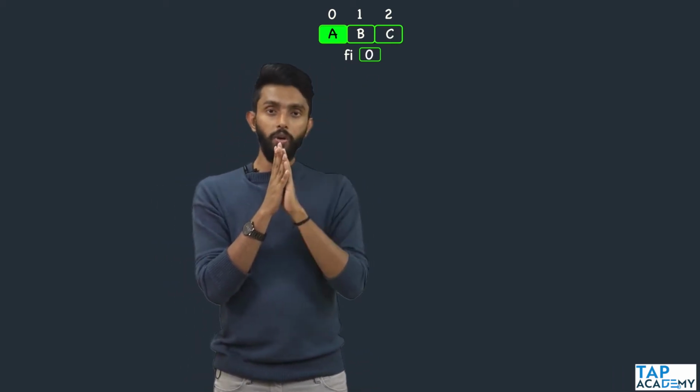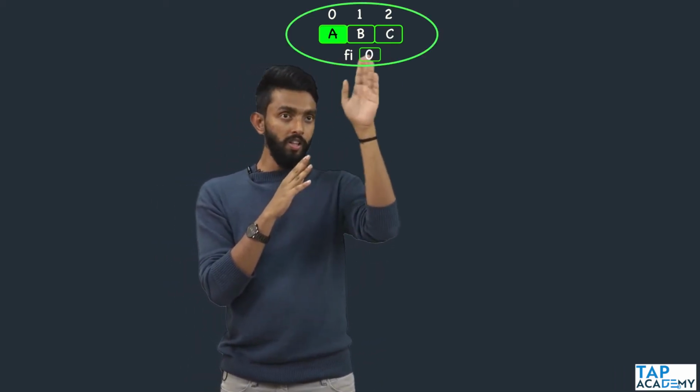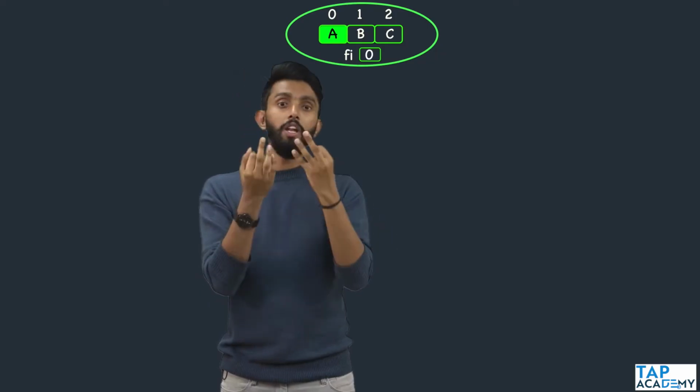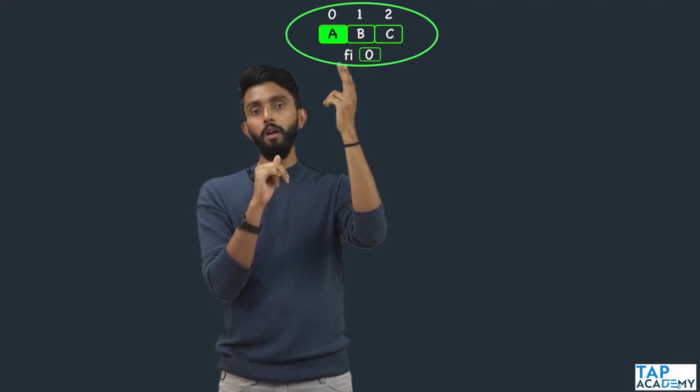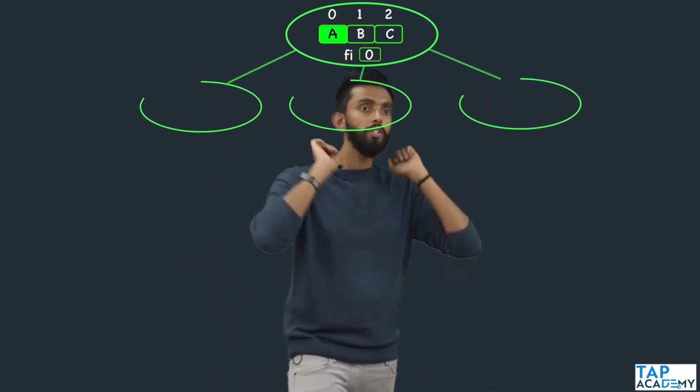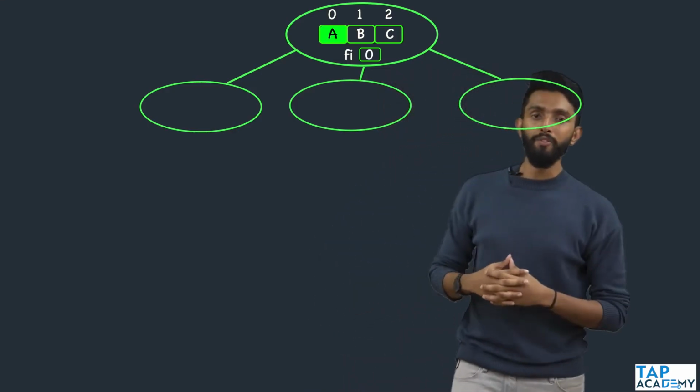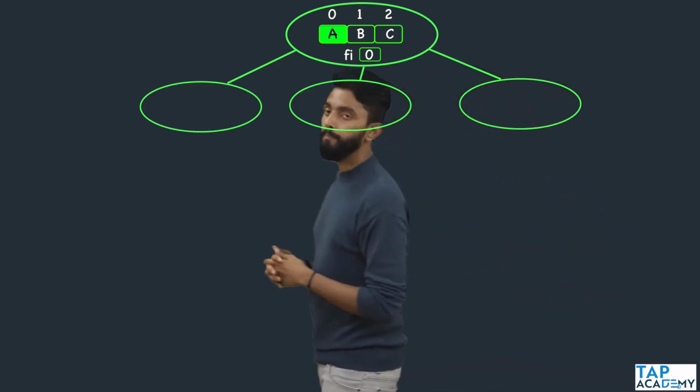Now tell me what are the different possibilities you can have there. Since the length is 3, you have 3 possibilities. First one can be A or can be B or C. So I'm showing you 3 possibilities like this. Any confusion till this point of time?